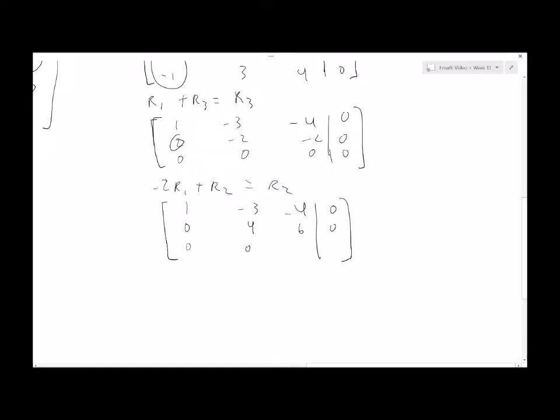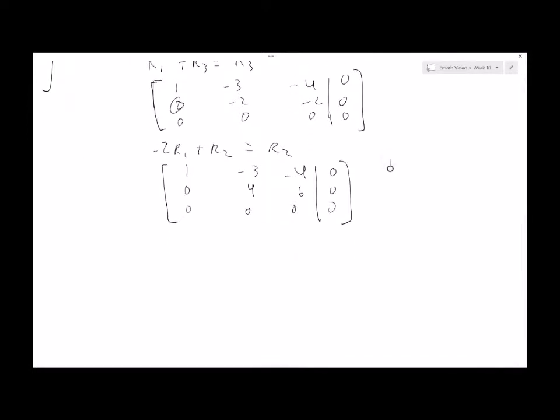Awesome. So now we're left with 4y plus 6z equals 0, or y equals negative 6z over 4, or negative 3 over 2z.